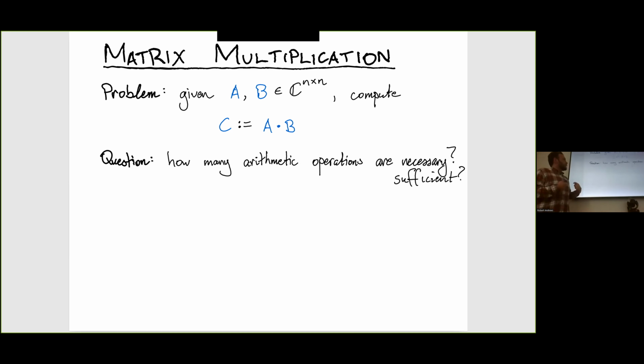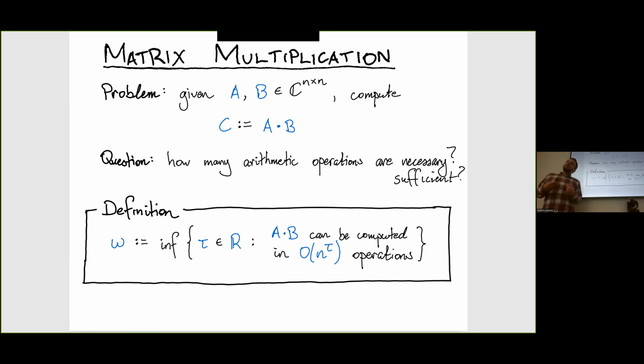So obviously, we'd like to know how many operations are necessary or sufficient for this problem. And usually we measure progress on matrix multiplication by this exponent omega, which has maybe a bit of a weird definition if you haven't seen it before. So we're looking at all real numbers tau, such that you can compute this matrix product in order n to the tau arithmetic operations.